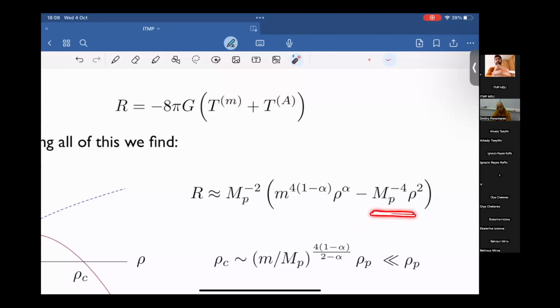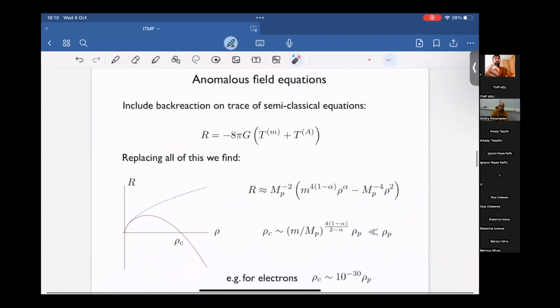If the anomaly becomes important, this thing changes sign, and then the potential can become positive or negative depending on where you are, and that affects what an asymptotic observer can see if they do scattering of scalar waves. It's somewhat arbitrary to define what the interesting point is, because maybe it's not necessarily when they become equal, but it just means that you cannot neglect these terms anymore in the computation of the Ricci scalar. Maybe that's the more precise way of saying it.